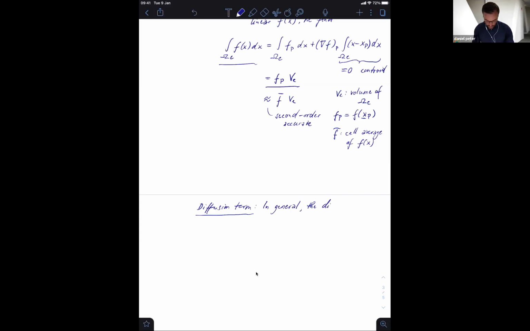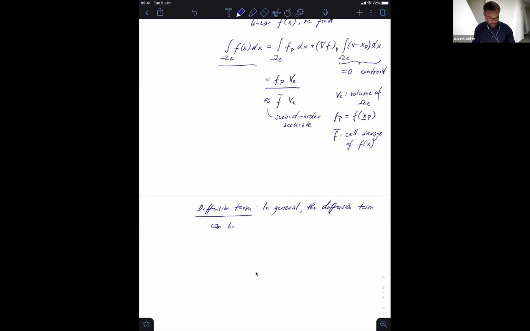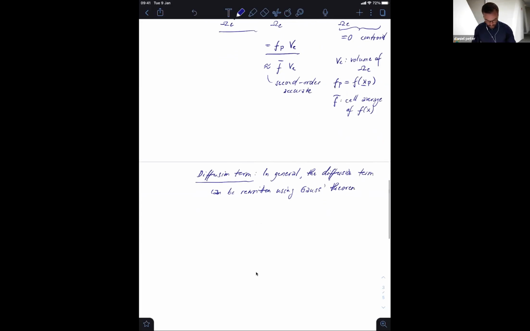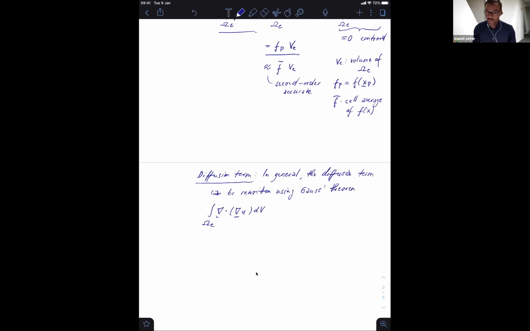So the diffusion term can be rewritten using Gauss theorem. So what we would have is the integral with the divergence of the grad of u. That would be the diffusion term in 3D.